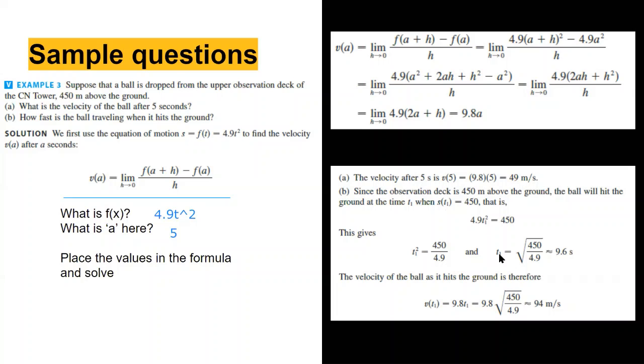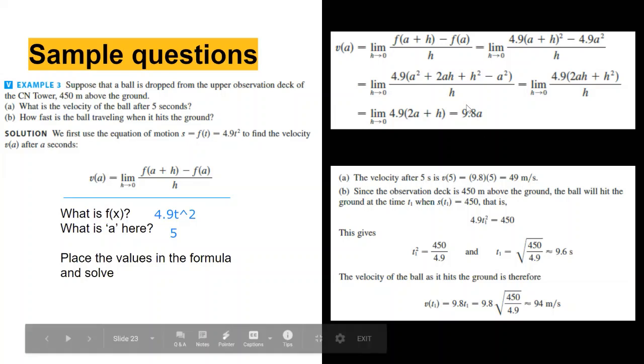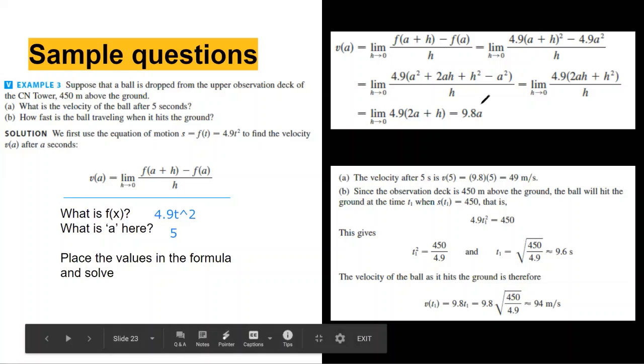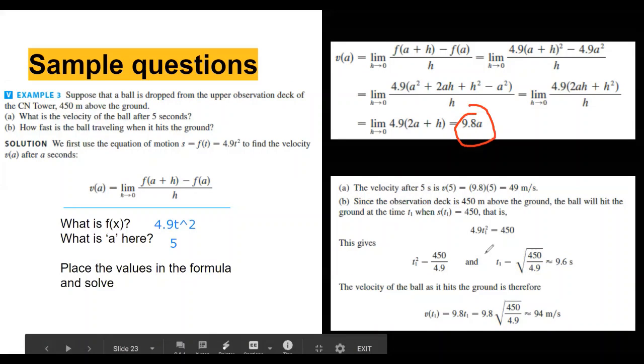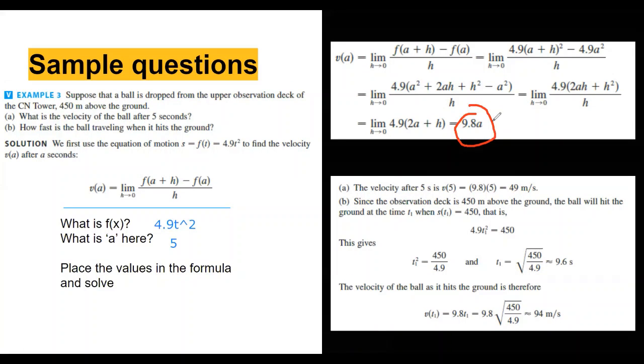Calculating that, we get time is equal to 9.6 seconds. As you will see, when we carry out the square root of t square, the answer is positive, and we are not considering the negative answer because time cannot be negative in this context. Plugging the value of 9.6 into our original function 9.8 a, the value we get here is 94 meters.